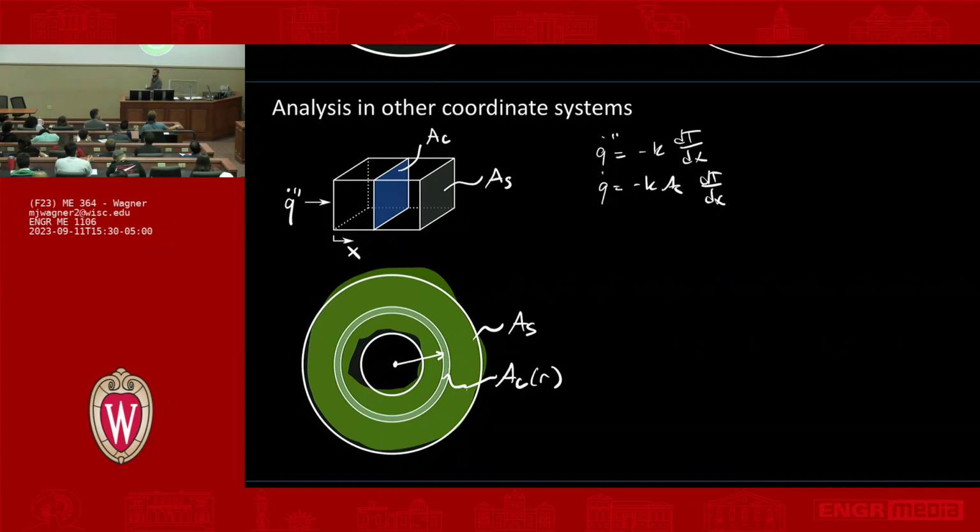Actually, the first problem on the homework, I want you to do this. Look at Fourier's law, look at the conditions given to you, like area is changing, conductivity is changing, heat flux is changing, and from that information, figure out how that relates to dT/dx. That's a really core concept of heat transfer: figuring out how q dot relates to dT/dx, given the other stuff. But the governing law is always the same. Other questions?